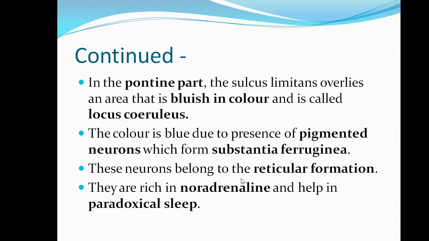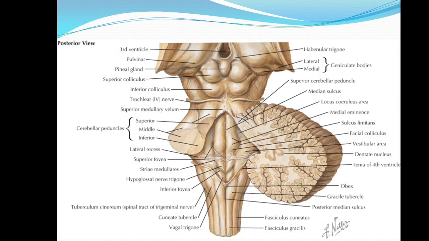These neurons belong to the reticular formation. They are rich in noradrenaline and help in paradoxical sleep. Here you can see the locus ceruleus present in the sulcus limitans.